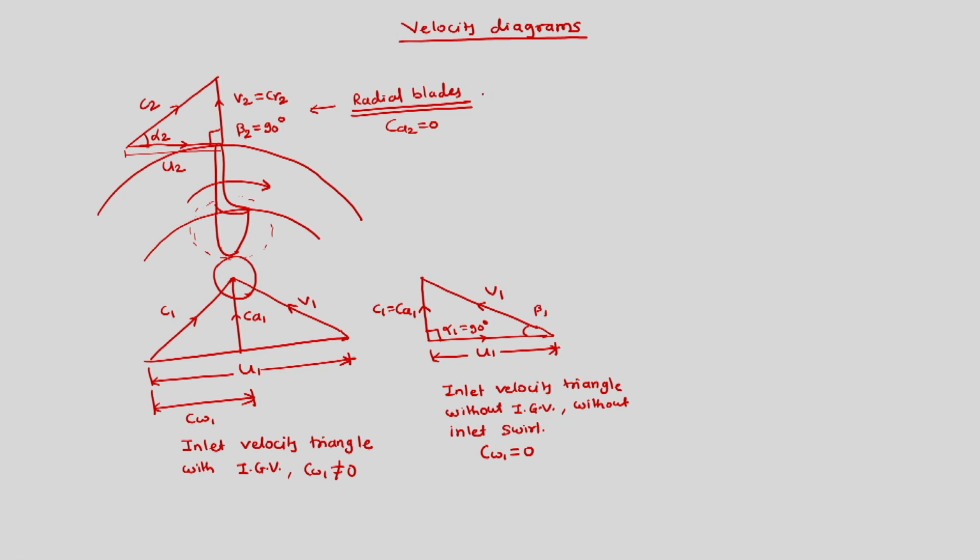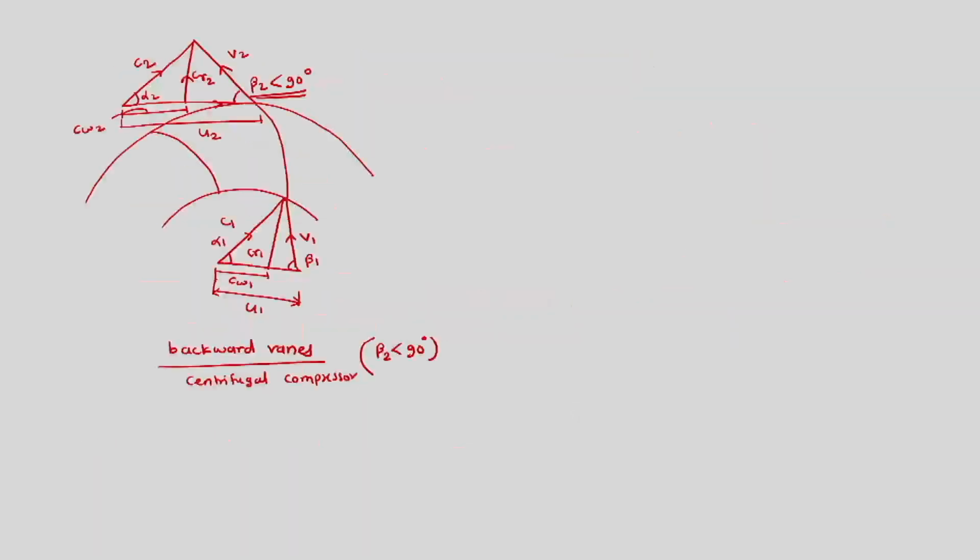So beta 2 remains 90 degree when we are talking about radial vanes. If our vanes are backward facing or backward curved, then beta 2 is less than 90.